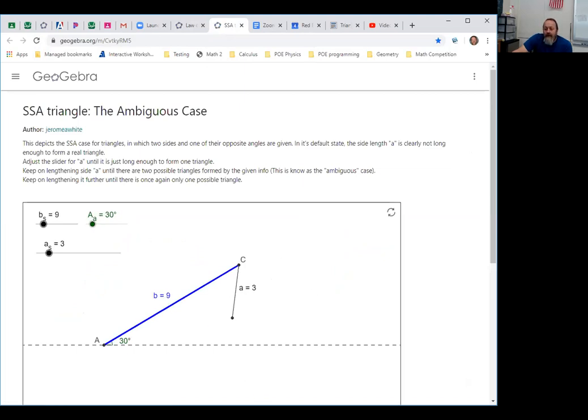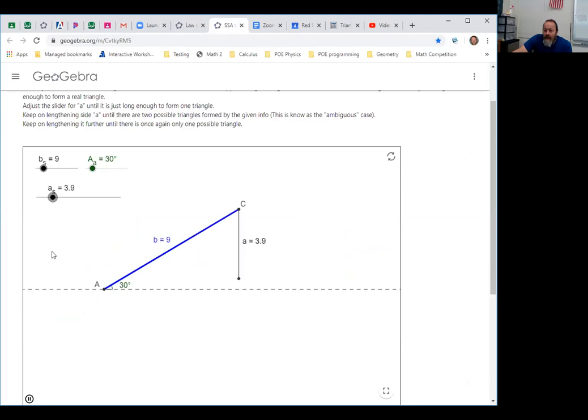And so you'll notice we have a given angle and two sides, and if this A was that short, it's just not long enough to reach. But notice that if I made that side a little bit longer, eventually it hits to the point where it could swing back and forth, and it could have a larger triangle and a smaller triangle. Notice the triangle involving B2 would be an acute triangle, and the one involving B1 would be an obtuse triangle.